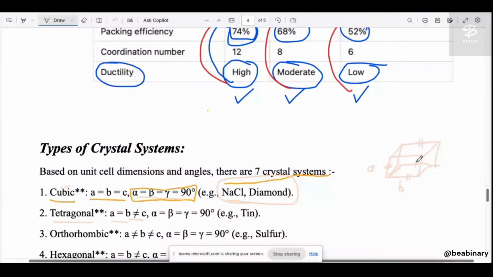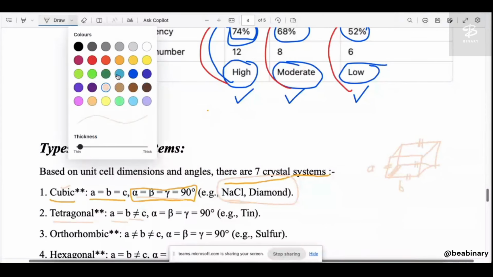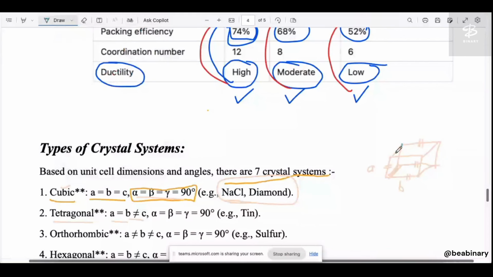But this height is your C, right? This one, this one, this one. So the height is not equal to A or B. It could be anything.